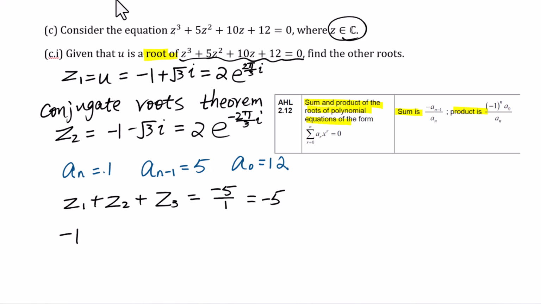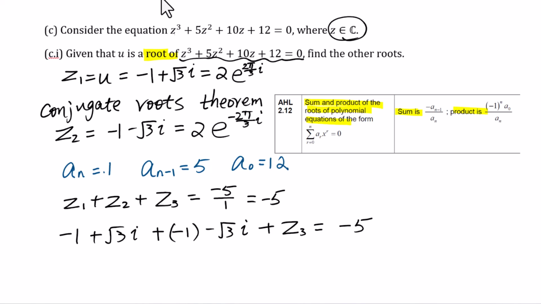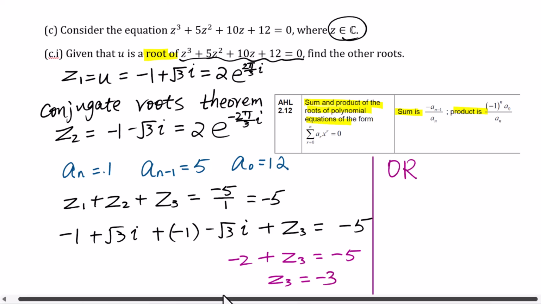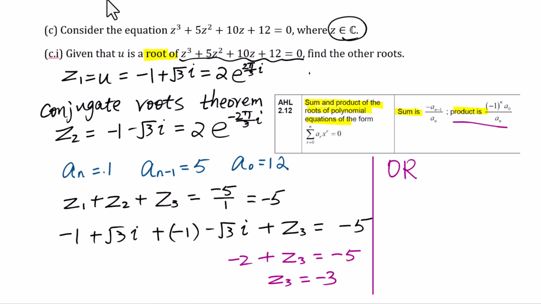So we have -1 plus square root of 3 i plus -1 minus square root of 3 i plus z3 equals -5. Simplify. -2 plus z3 equals -5. So z3 equals -3.